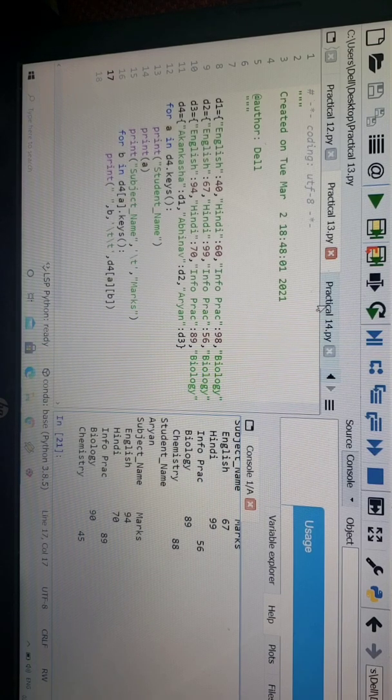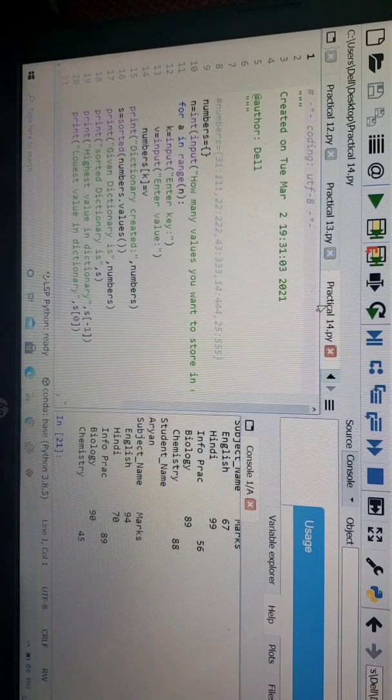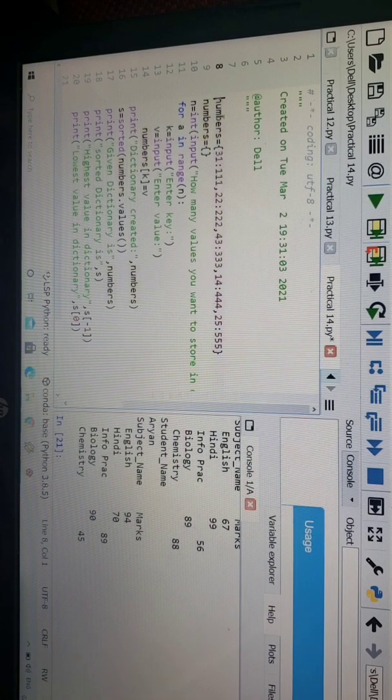Okay, now the last one, to create a dictionary, and then you have to print the highest as well as lowest value in that particular dictionary. So here also you can do this program in 2 methods. Directly you can use the created dictionary, that is numbers, any particular name you can take for that dictionary, or you can create the dictionary.